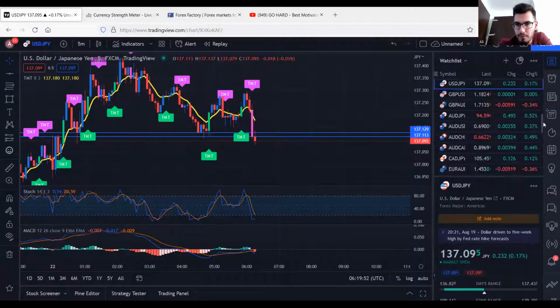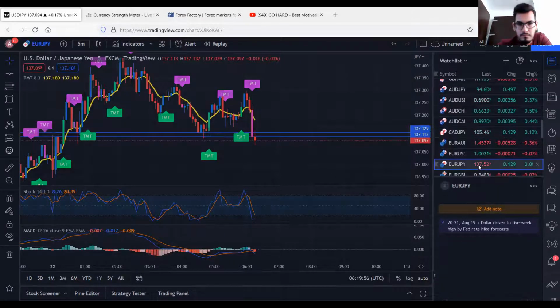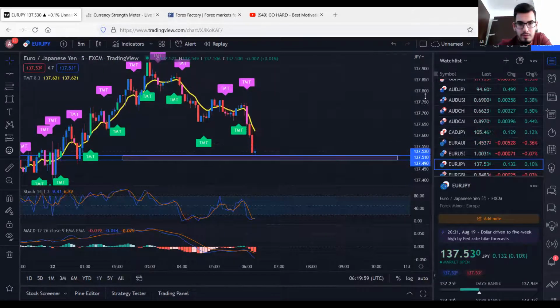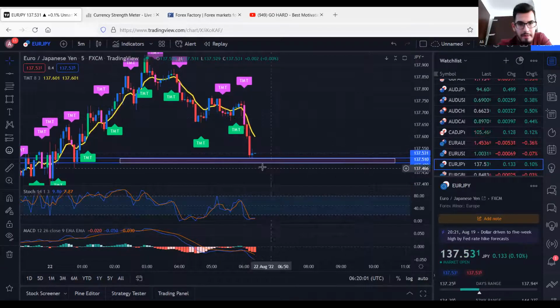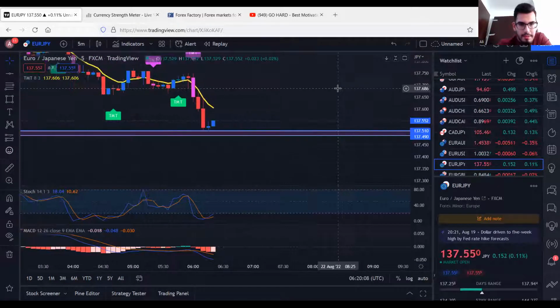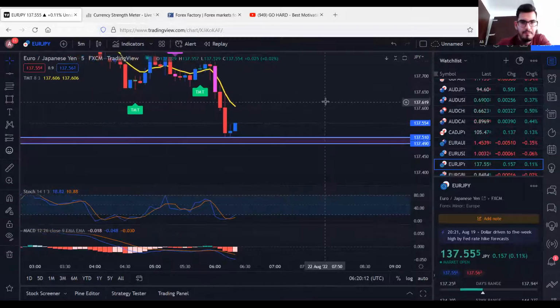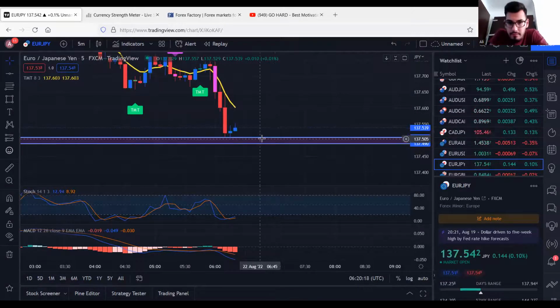But for Euro JPY, however, it did hit my area, but it closed blue. Let's see what will happen there. If you still had the entry, you would be clearing it. That's a good thing.